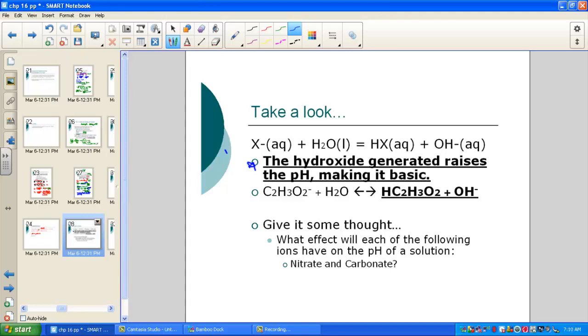We wrote this very equation out in our previous slide. The acetate, which is acting as a base, undergoes hydrolysis, means it's reacting with water, forming the conjugate acid and the conjugate base. The solution will become more basic.